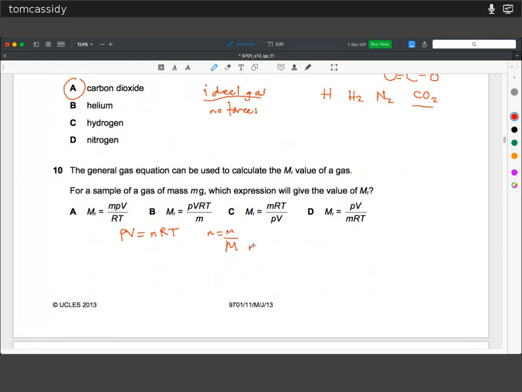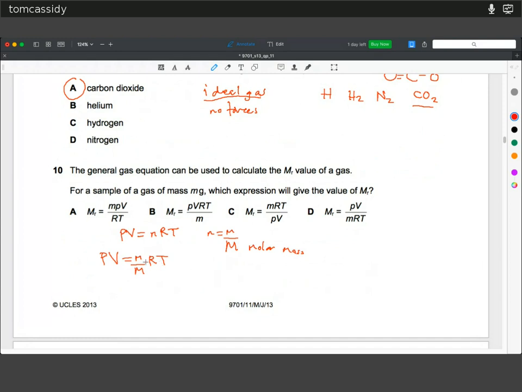That's the molar mass at the bottom, a large M. And if I substitute the mass divided by the molar mass for the amount, the n in there, then I end up with pressure times the volume is equal to the mass divided by the molar mass times the universal gas constant times the temperature.